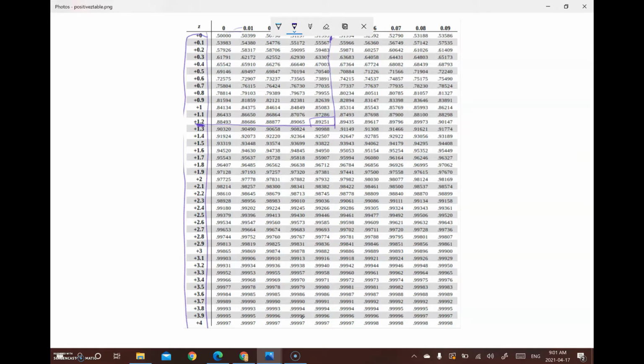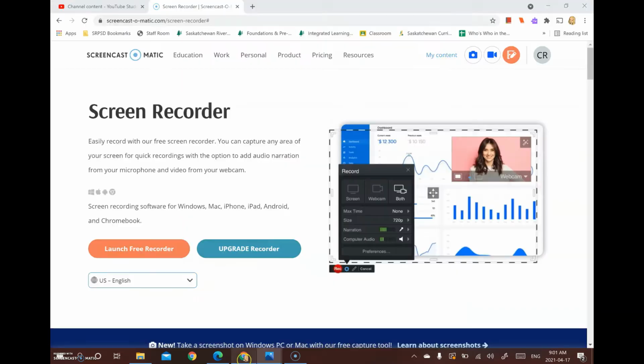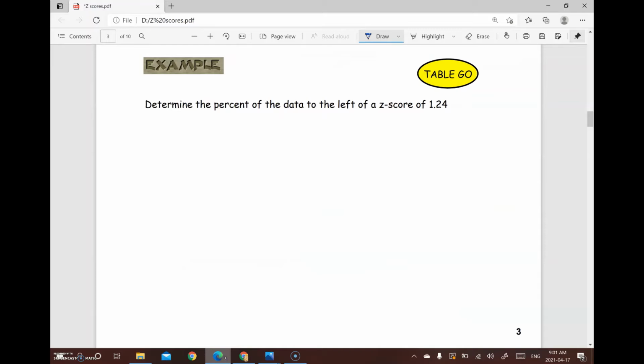If I want to represent that as a percentage, I times it by 100, and we get 89.25%. That means 89.25% of the population is lower than this piece of data.